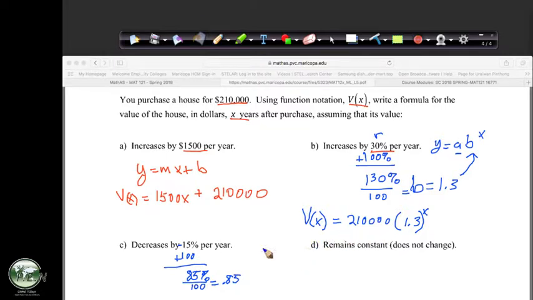We use the same format. V of x equals 210,000, and this time our base is 0.85, and we raise it to the x. After you get the hang of this, you may just jump to that 0.85. You say, 15% decrease, that's 0.85.